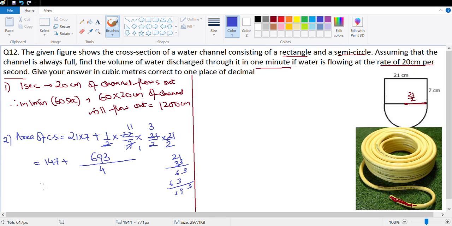So again, this is 588 plus 693 upon 4 centimeter square. So 693 and 588, 8 plus 3, 11, 10 and 18, 11 and 12. So this is 1281 upon 4 centimeter square.